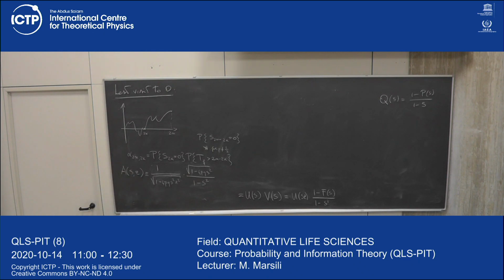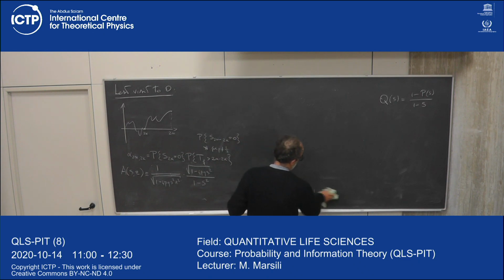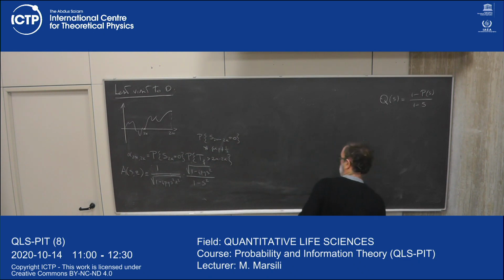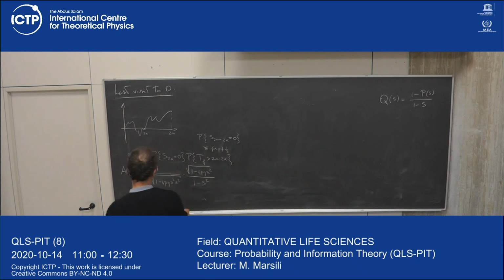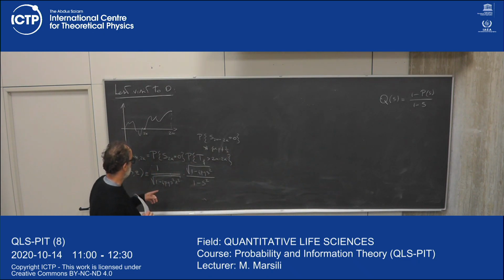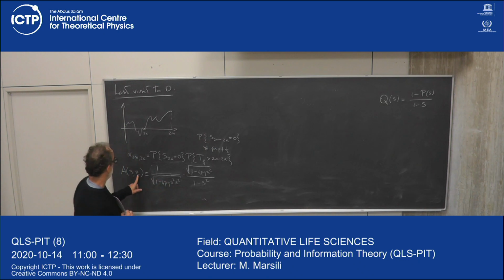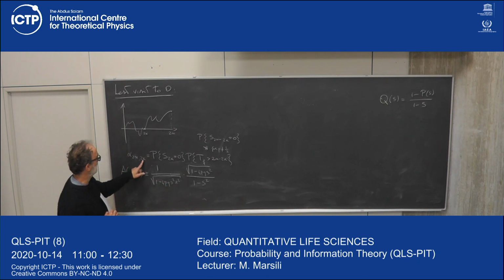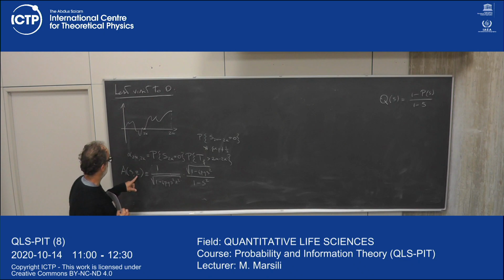The first thing you notice is that when I set z equal to 1, I'm checking the normalization of this probability over k.